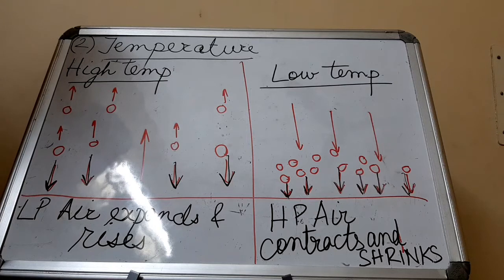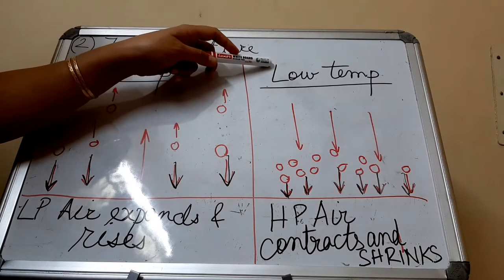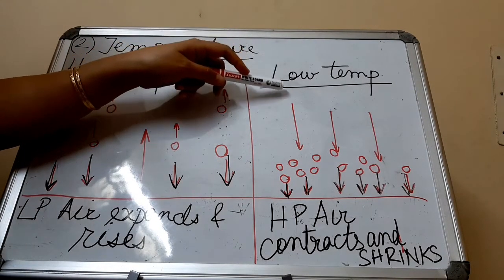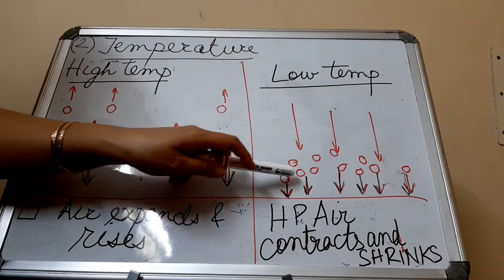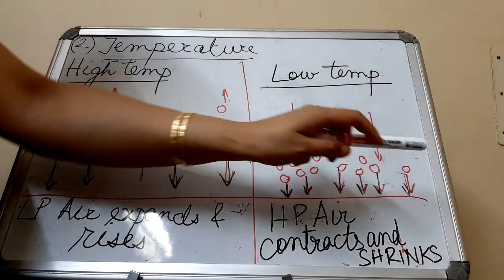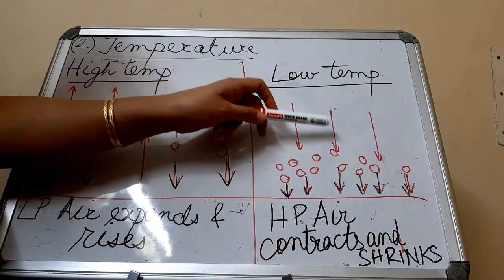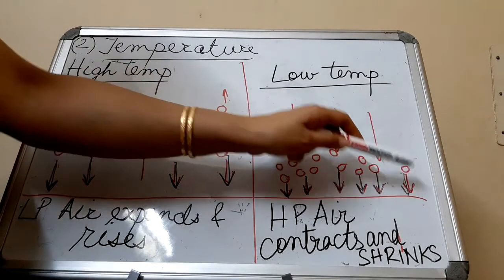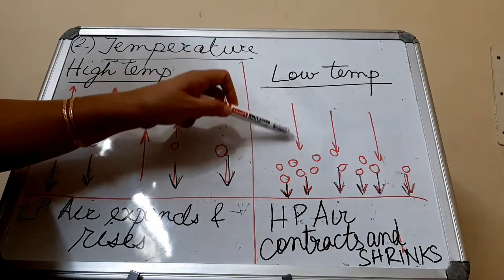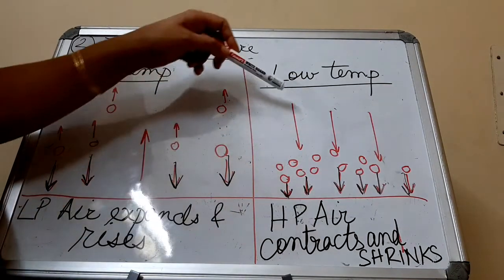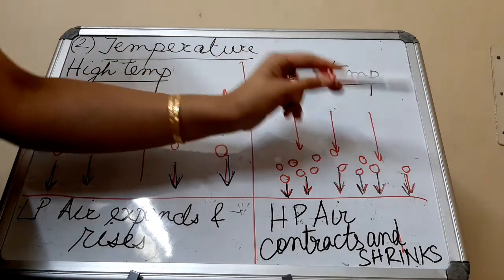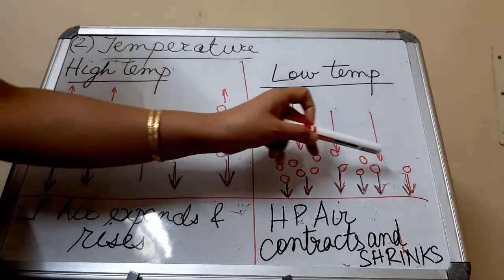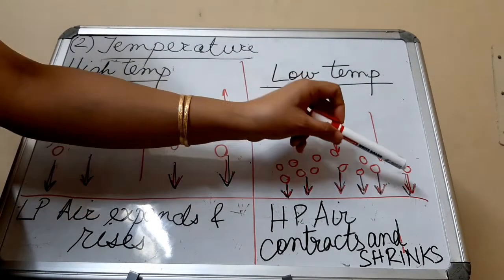Consider another situation where the temperature of the air is low. Now in this case you will notice that the air molecules are very close, and also most of the air molecules, they have descended to the lower layers. These red arrows here show the movement of air. Here the air is moving downwards, and there are more number of air molecules collected in a region.